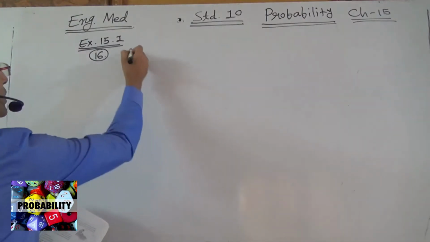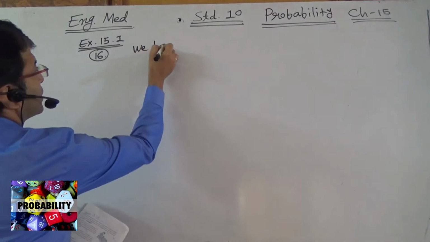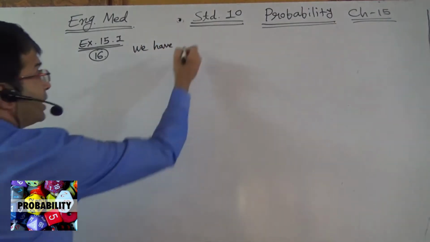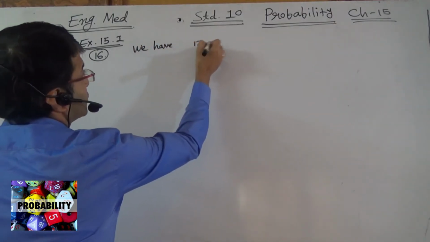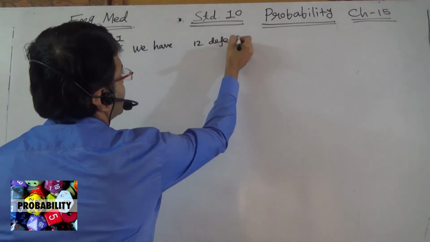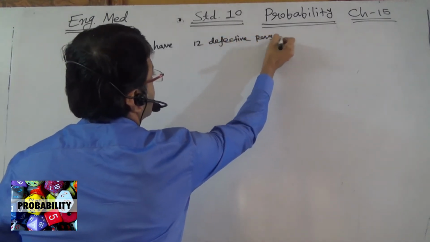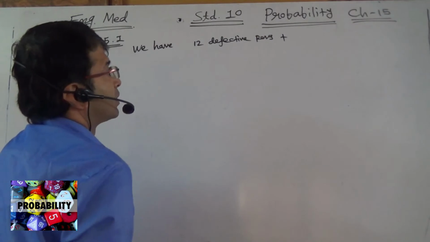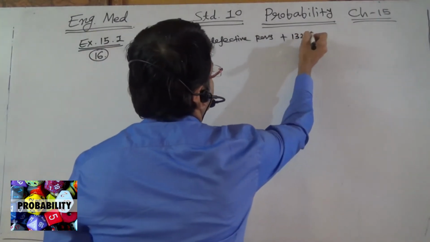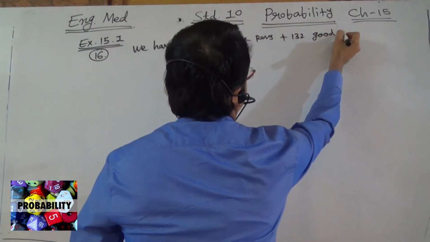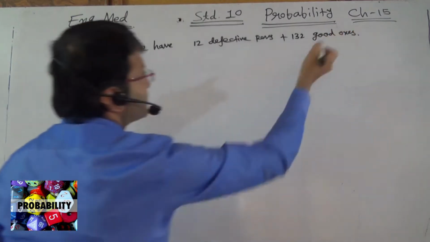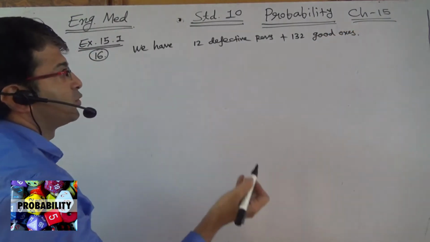So we have 12 defective pens plus 132 good ones. Good ones means it is non-defective pens.